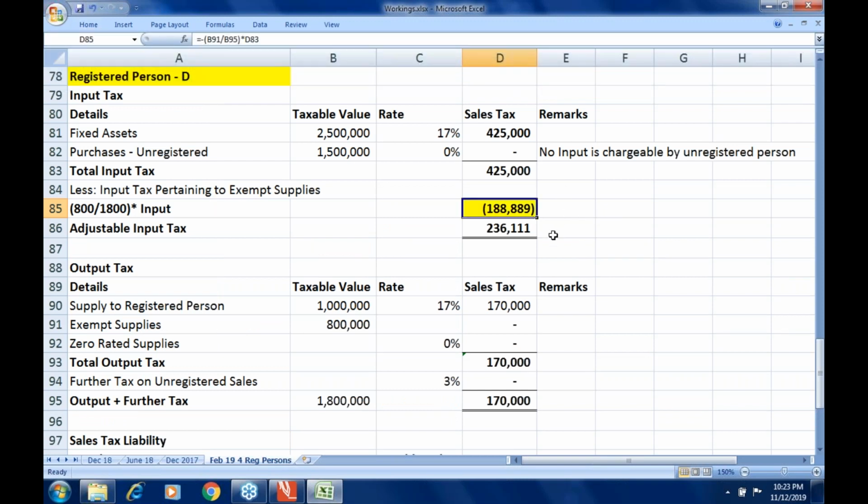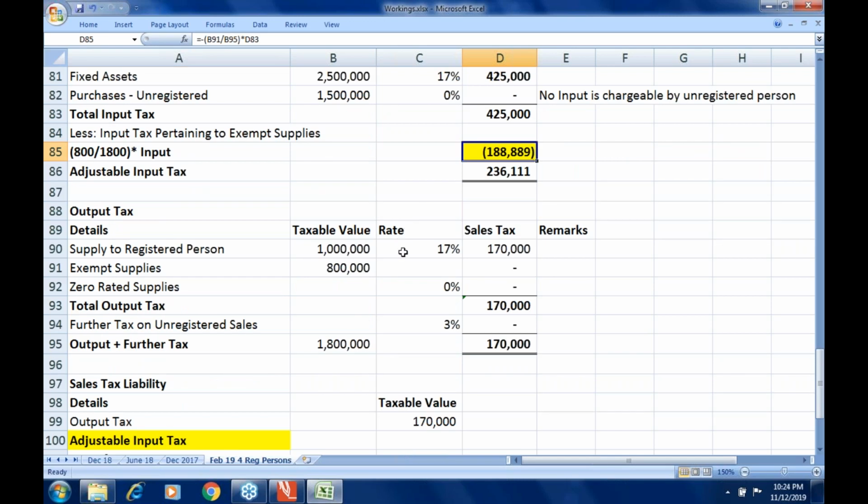Why? Because if the supplies made are exempt, the input on them cannot be claimed. So this is how we are going to treat it. Resultingly, you've got supplies to registered person of this, then the exempt supplies are this, and the zero rated are going to be treated like this.